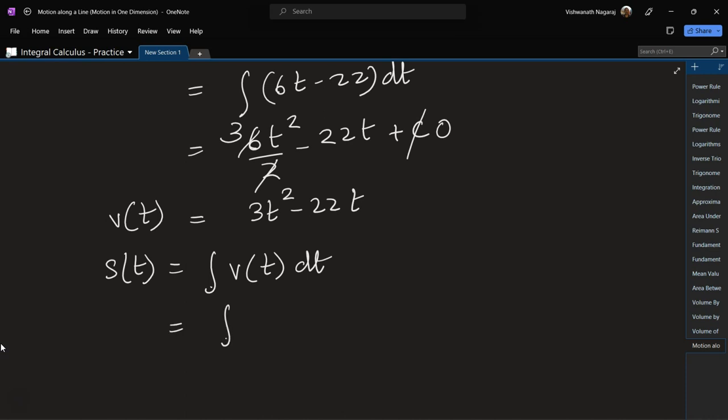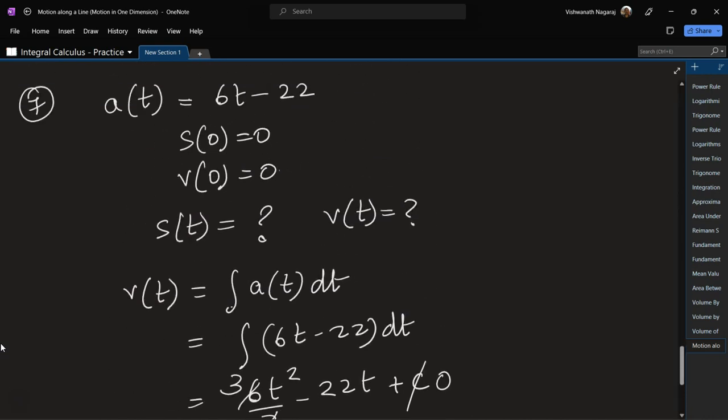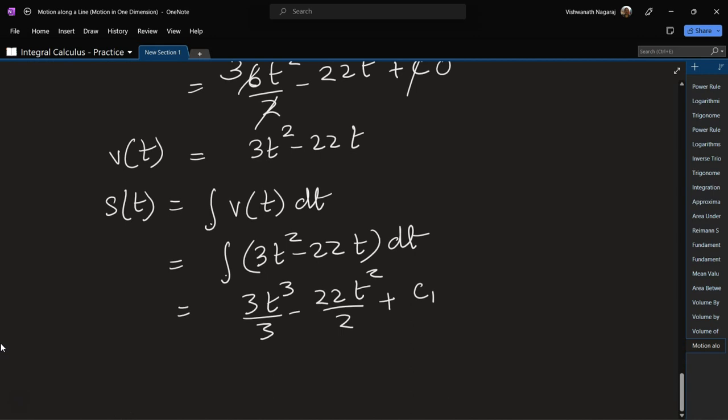So which means the integral of 3t square minus 22t, which gives us 3t cube by 3 minus 22t square by 2 plus, let's say c1 because we have already used c. Okay, now again s of 0 is 0. So all the t's become 0, so c1 is equal to 0. So this also becomes 0. 3 cancels, 2 11s, which means s of t is equal to t cube minus 11t square.